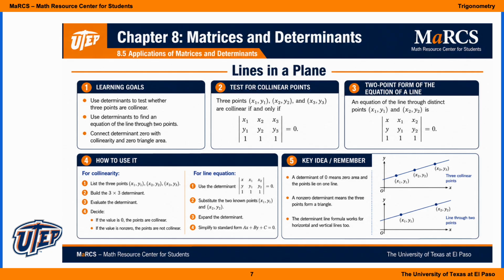Now, those 3 points will be collinear if and only if the determinant of the 3x3 matrix we constructed is equal to 0. Now, to construct an equation of the line through 2 distinct points, we can once again construct a 3x3 matrix where our first row will have our x variable, then our 2 x coordinates, so x1 and x2. The second row will have our y variable, so y, then our 2 y coordinates, y1 and y2.